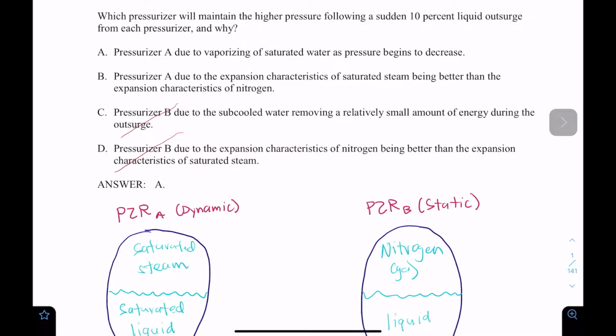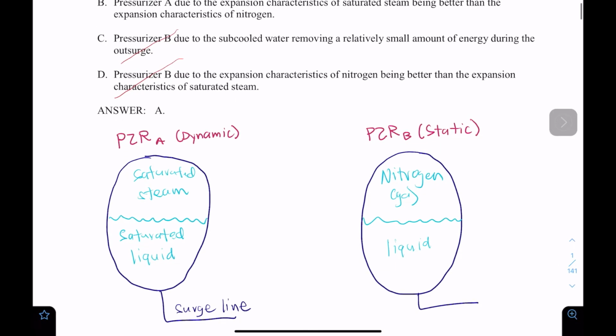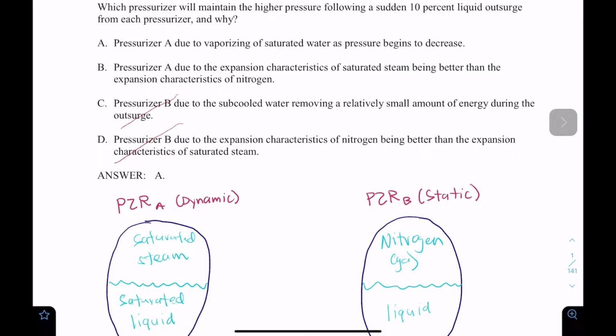But then I have two options here, two answers. The first one says pressurizer A, due to vaporizing of saturated water as pressure begins to decrease. What is happening? Do you guys remember what we talked about? When we have an outsurge, basically we have a decrease in temperature on the reactor coolant system.